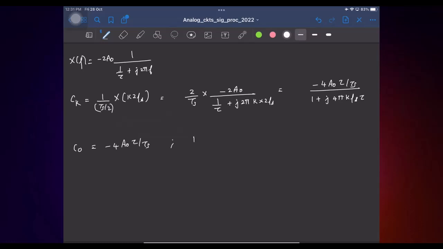So even your H naught hat of 0, you already had a DC term A naught minus this fellow. Similarly, if you do C1, or in the sense the strength at 2fs, I want to find the strength at 2fs, so this is h2 hat of 0. What do you get?